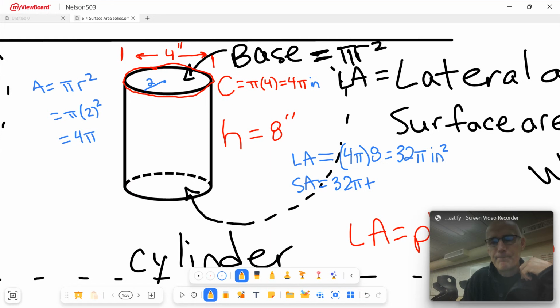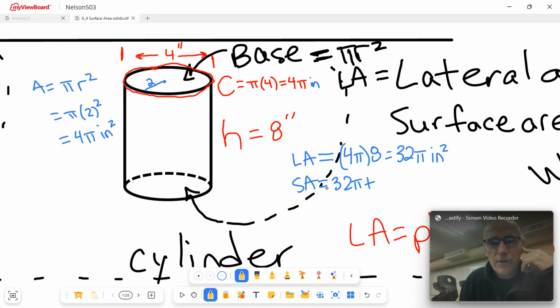Why do I want that? Well, that's one of these bases, and there's 2 of them. There's a base on the top, and there's a base on the bottom. So if I want the surface area, and I'm going to put some units on this, maybe this will make things a little bit clearer. So it's 4 pi square inches. Notice the circumference was 4 pi inches. Dang it, I wish I would have picked a different number than 4, or a different cylinder here.